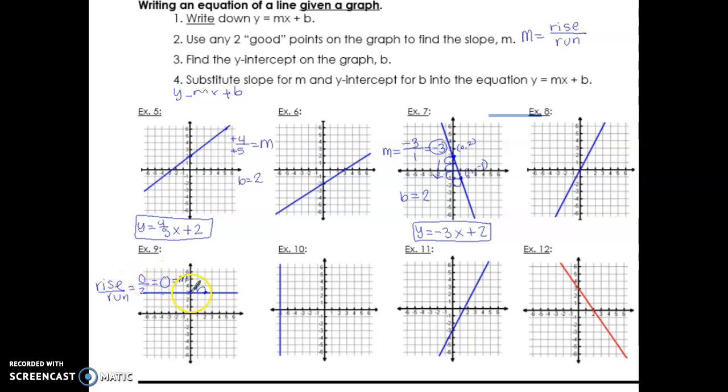And then my b is, again, where my line crosses my y-axis, which is at this point right over here. So my b is 3. So my m is 0. Y is equal to 0 times x plus 3. But any number multiplied by 0 gives us 0. So our equation is y is equal to 3.